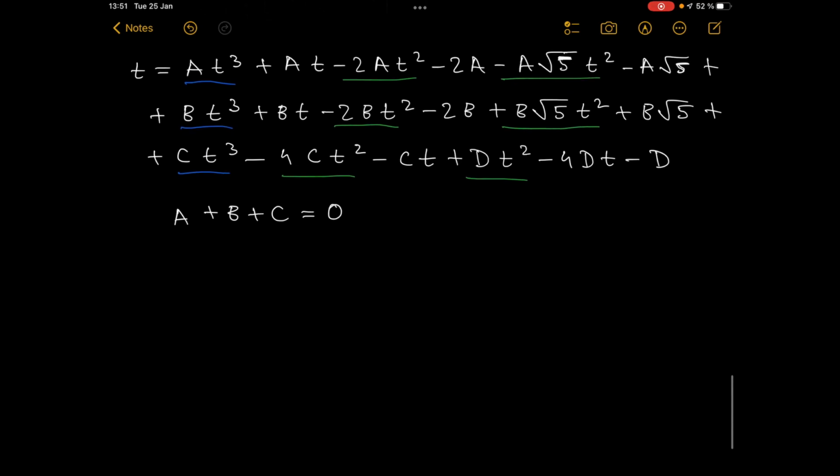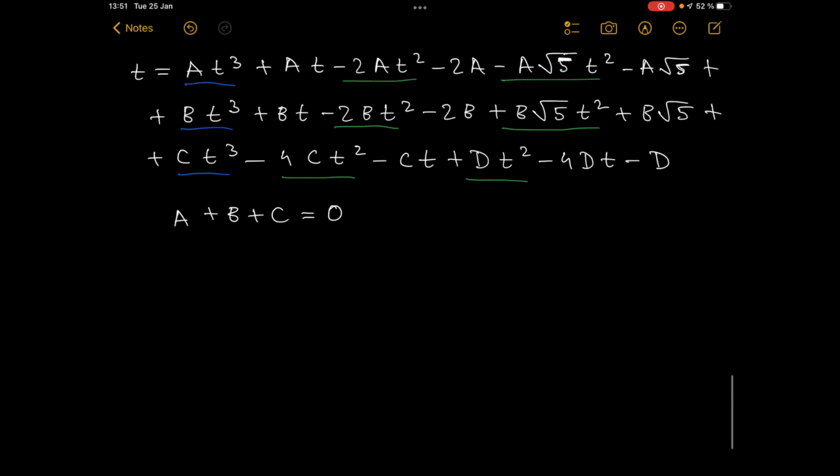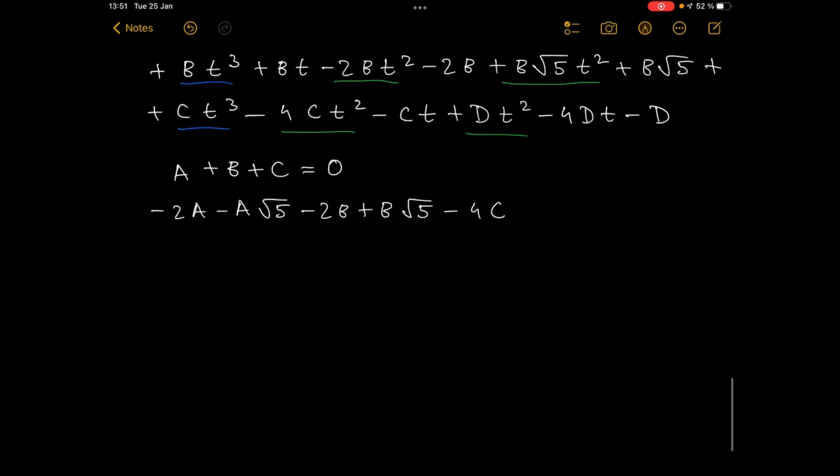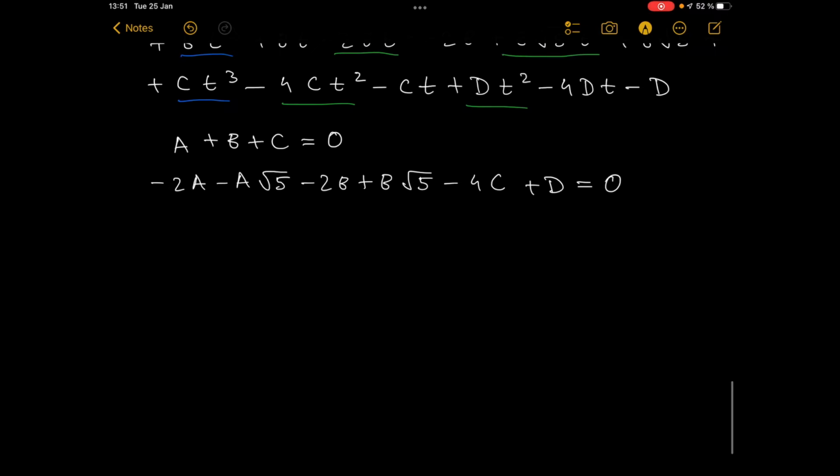So minus 2a minus a times the square root of 5 minus 2b plus b times the square root of 5 minus 4c plus d is equal to 0.